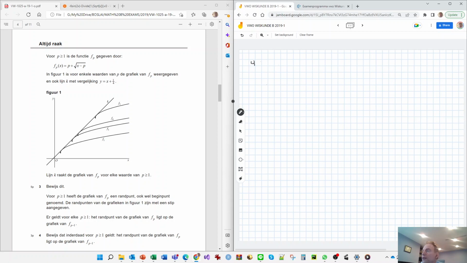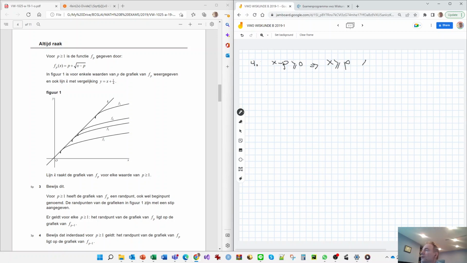Okay, let's find out the coordinates of this boundary point. And obviously it's coming from the requirement that the square root of x minus p here is greater or equal to 0. So we need to have x minus p greater or equal to 0, or x greater or equal to p.